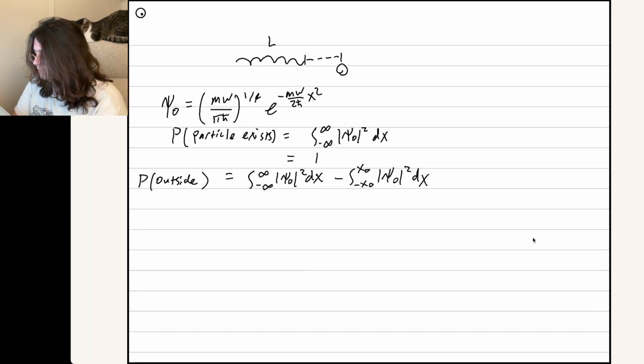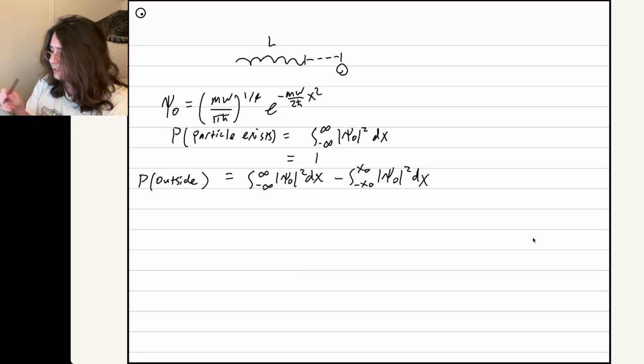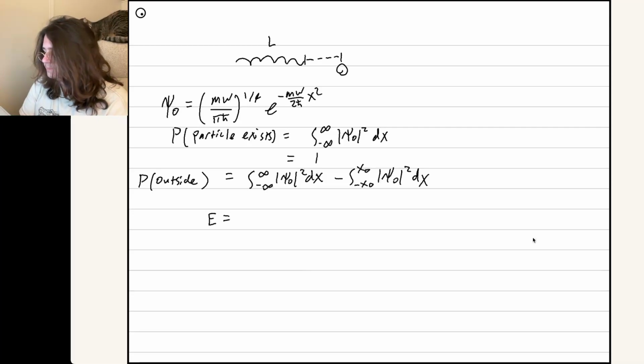And so what are the classical turning points? They're found by setting the energy exactly equal to the potential energy.